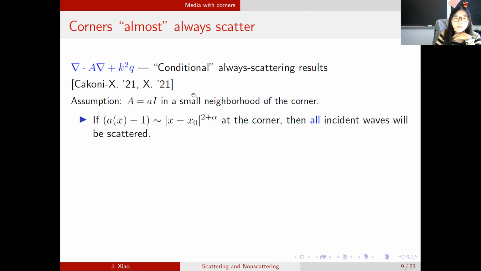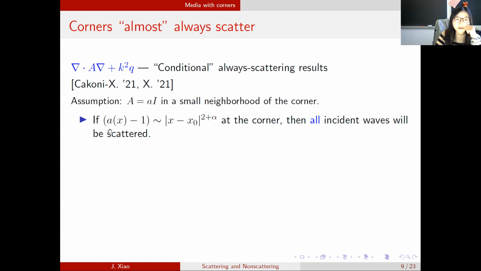First we assume that A is isotropic in a small neighborhood of the corner, but we don't need it elsewhere because the analysis is only done locally near a corner. As long as there is a small open neighborhood of the corner, we're good.